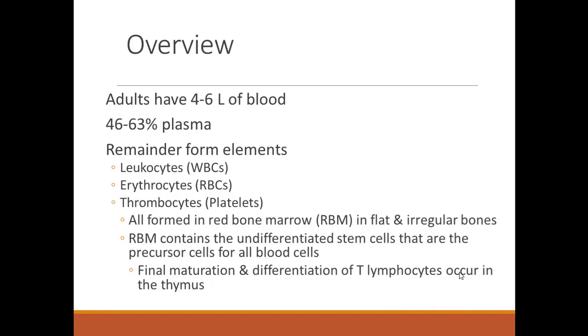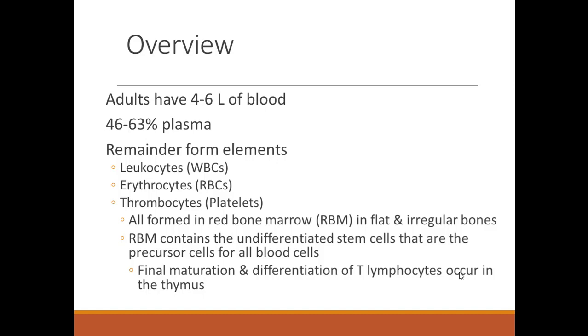So, overview of the hematology system. An adult has anywhere between 4 and 6 liters of blood. Anywhere from 46 to 63% of that is plasma. The rest of it is the things we've talked about. The white blood cells are leukocytes. The red blood cells are the erythrocytes.